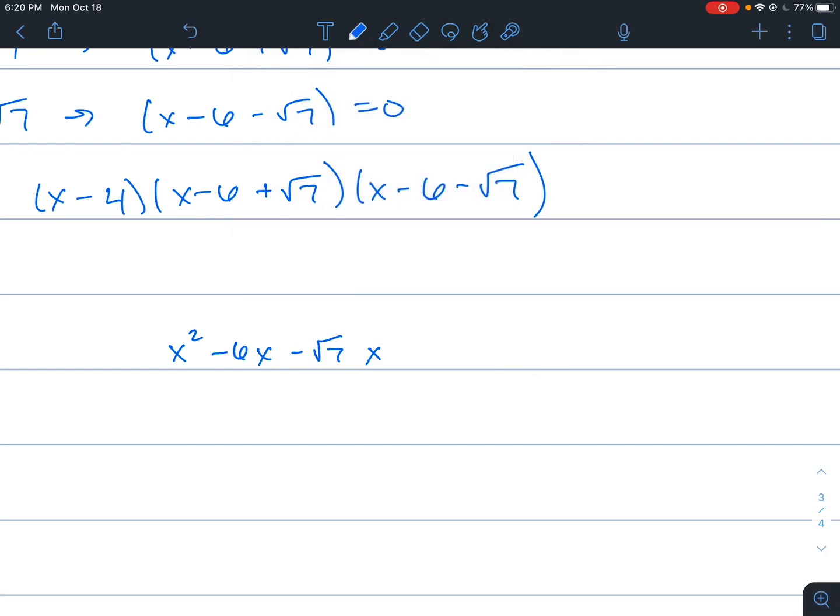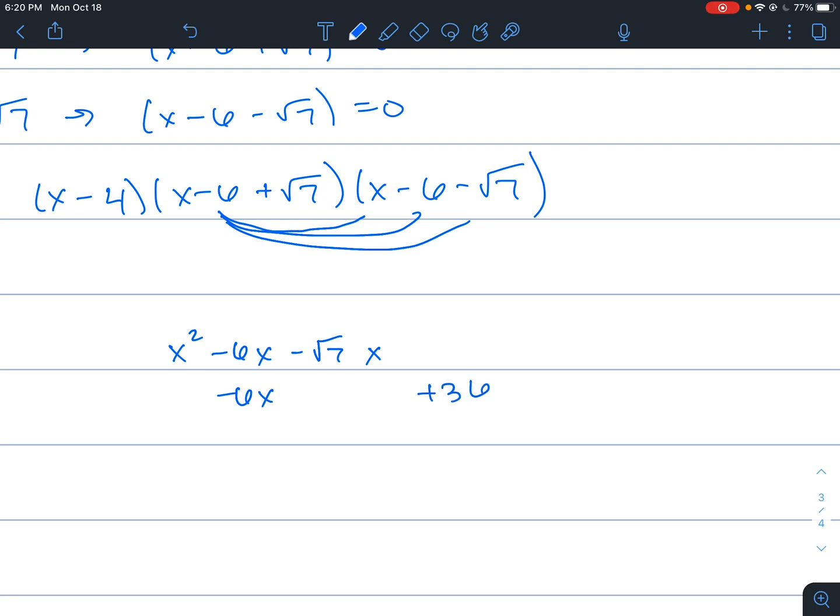Next, negative 6 times all three of these. Oh, I forgot to multiply by the x first. Hold on. So negative 6 times x is negative 6x. I'll line that up with that term. Negative 6 times negative 6 is positive 36.